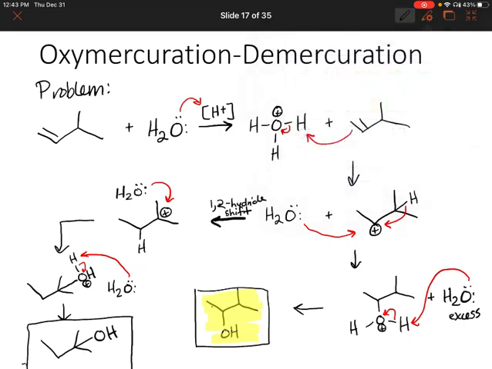So the question here is, how can we prevent rearrangement? So that's where oxymercuration, demercuration comes into play. All right, so let's see how that works.